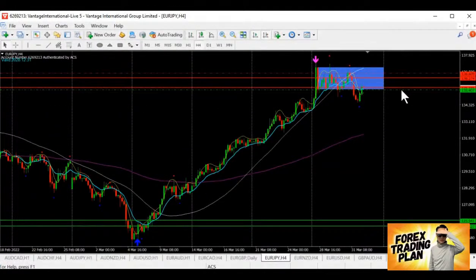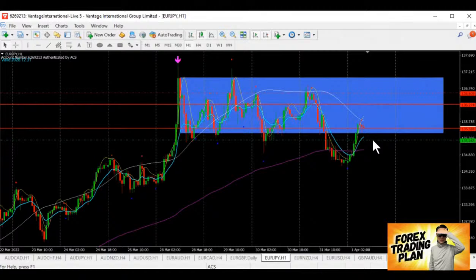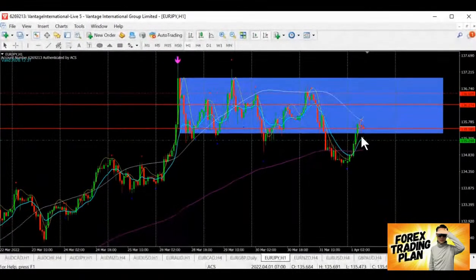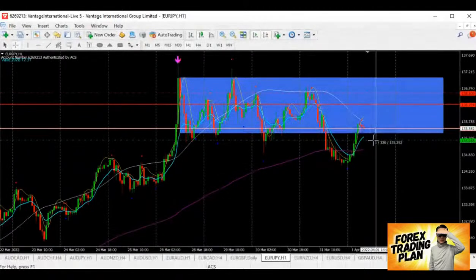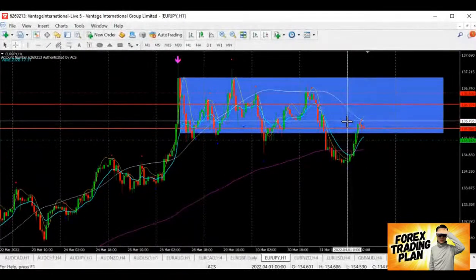It's breaking out to the support above the support level now. So by looking at this right now in H1, we need to break the support level first. This is the support level. So right now for Euro Yen, we have about 30 pips. Wow, so this one looks really pretty good as well.